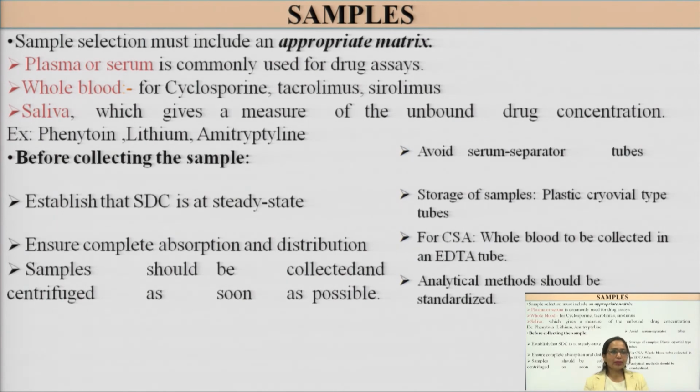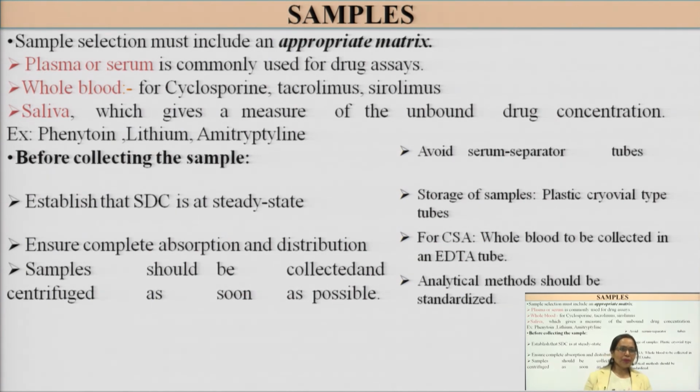Whole blood is sometimes taken, for example for cyclosporine, tacrolimus and sirolimus. Then saliva, which gives a measure of the unbound drug concentration, for example phenytoin, lithium and amitriptyline. So, saliva can also be used as a sample.